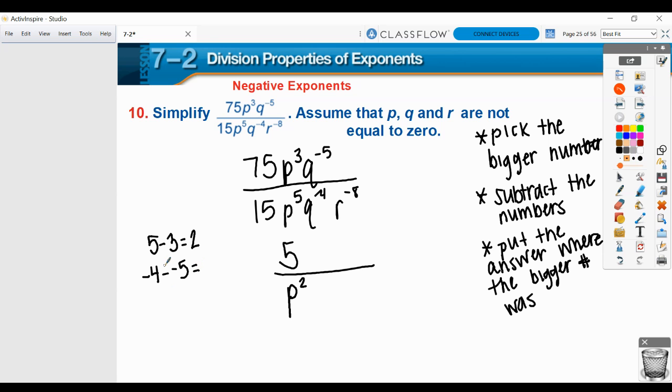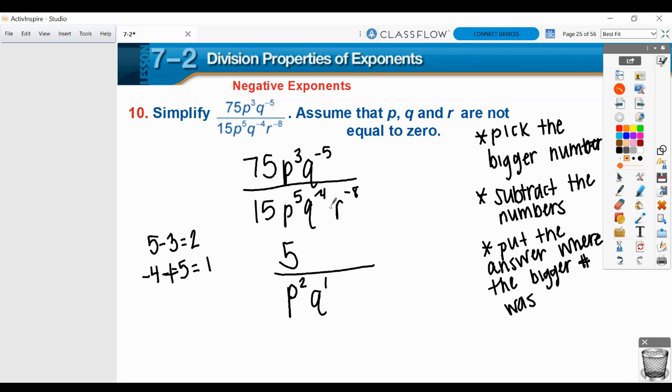When you look at this, you have a double negative right here, and that changes to a plus. So then what's -4 plus 5? 1. Where is the bigger number? It's in the denominator. So q to the first power goes in the denominator.